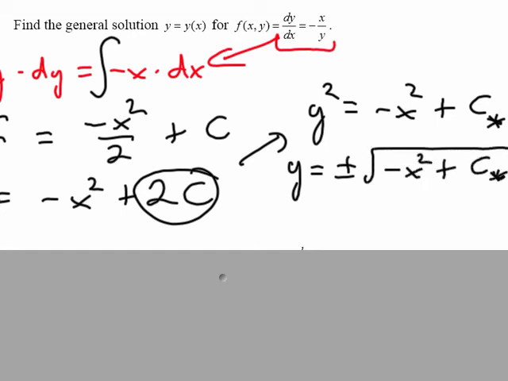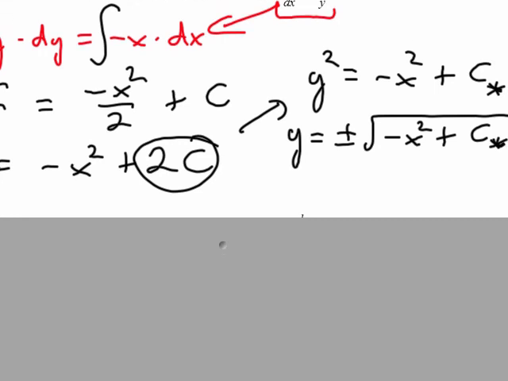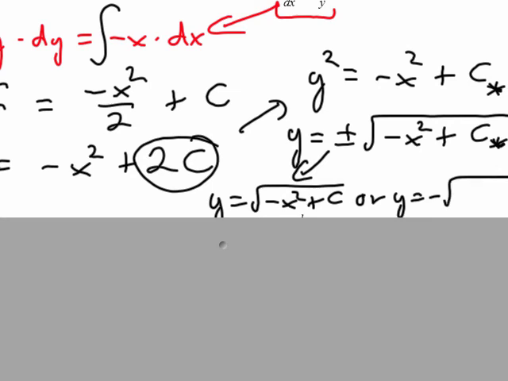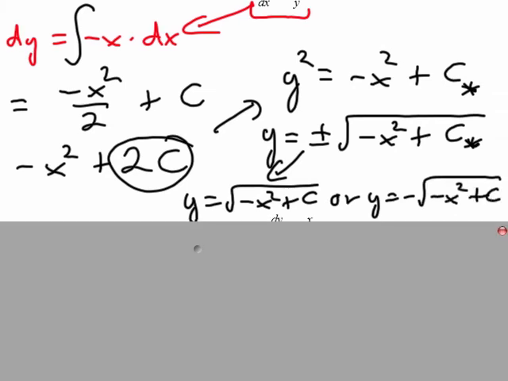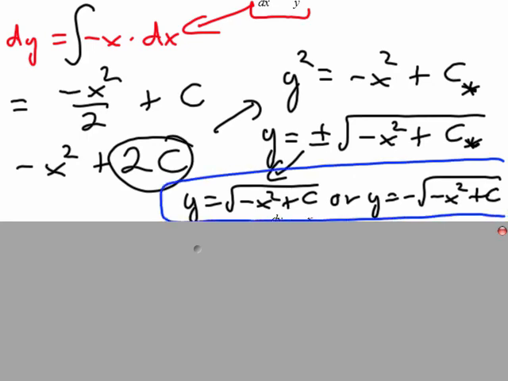What I have here is not a function. And so what I want to do is be clear about what my general solution is. It's either y equals the positive square root, or y equals the negative square root. It can only be one of those two because the solution to a differential equation is always a function.